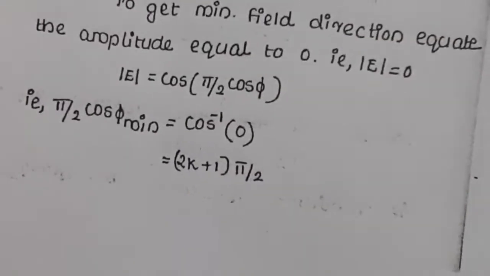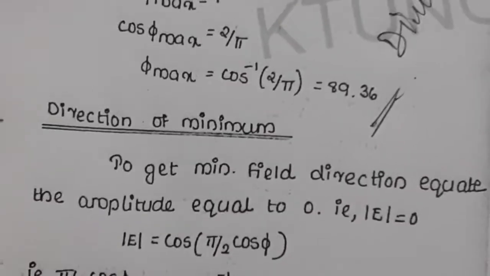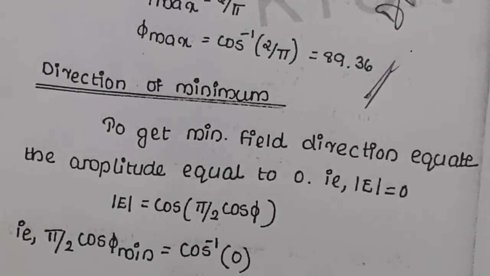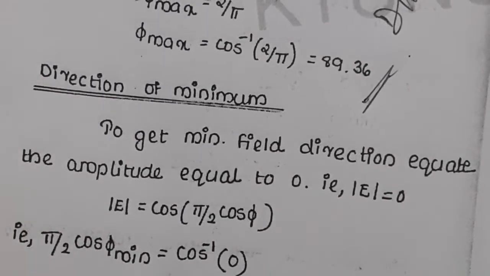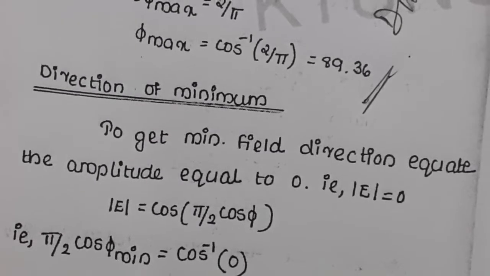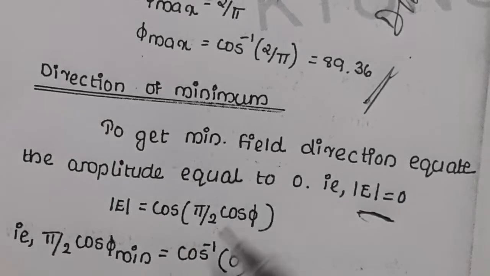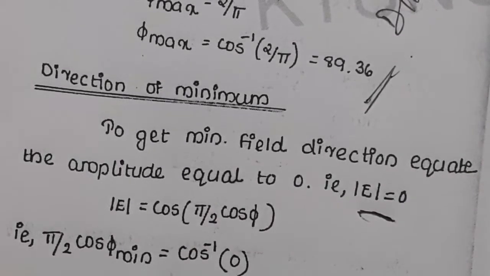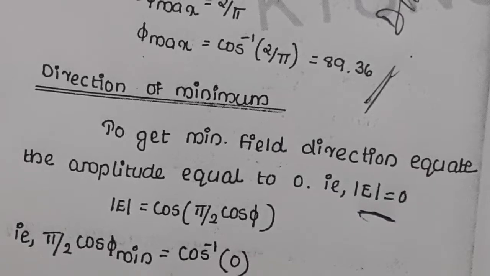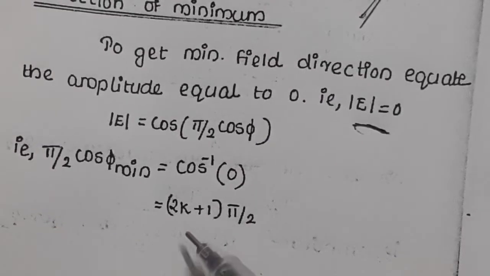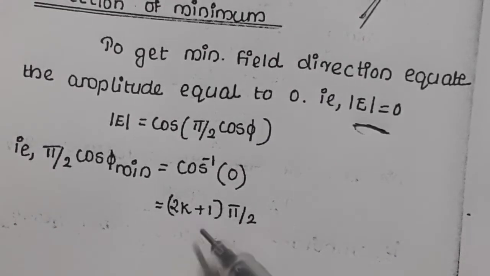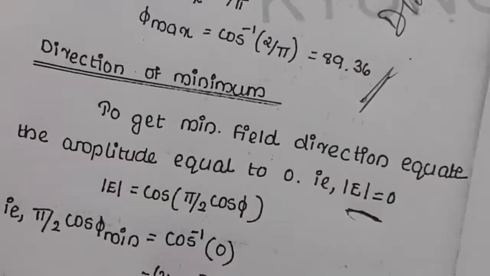And now the direction of the minimum. To get the minimum field direction, equate the amplitude to 0, E equal to 0. Therefore cos pi by 2 cos phi is equivalent to 0, then you take cos inverse 0, which gives 2k plus 1 into pi by 2. This is the general equation. Now we take k equal to 0.